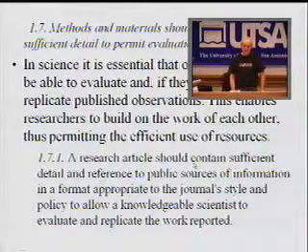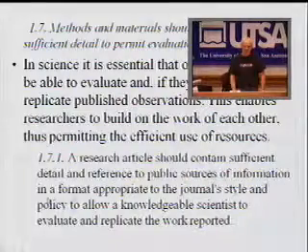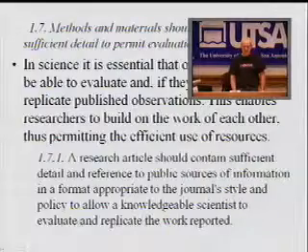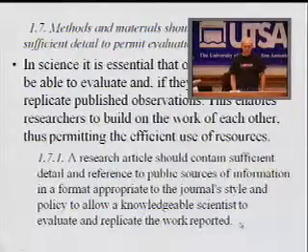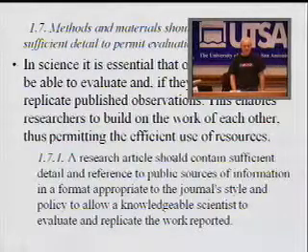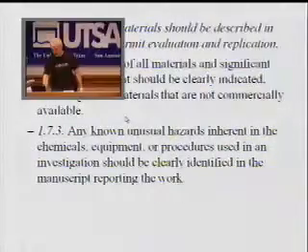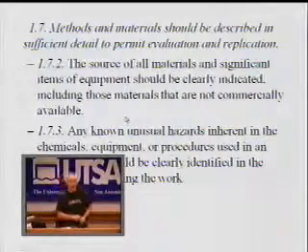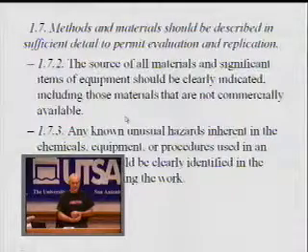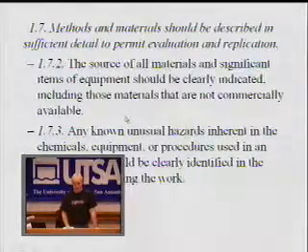So a research article should contain sufficient detail and reference to public sources of information in a format appropriate to the journal style and policy to allow a knowledgeable scientist to evaluate and replicate the work reported. So all the sources of the ideas to put the method together, and of course all the sources of the reagents are supposed to be provided in as much detail as possible, required and allowed by the publishers.